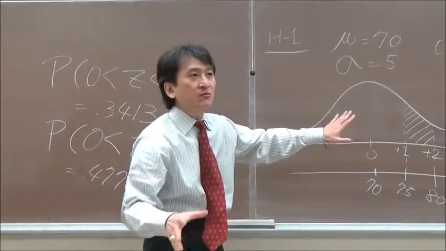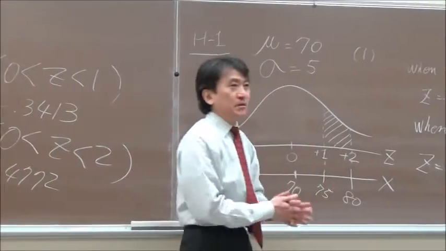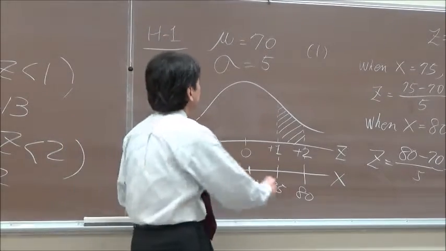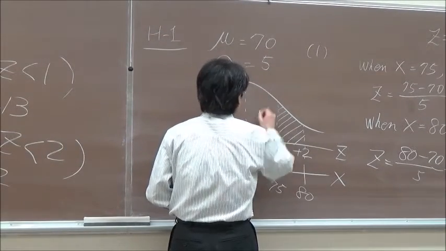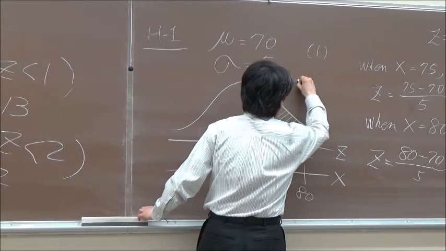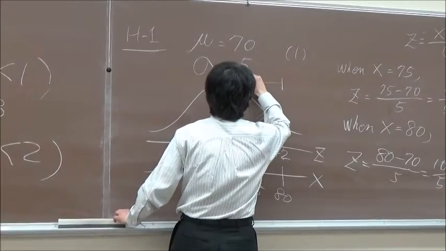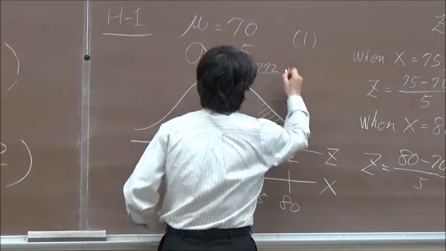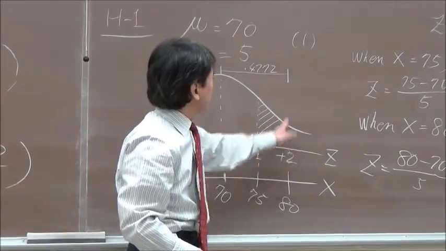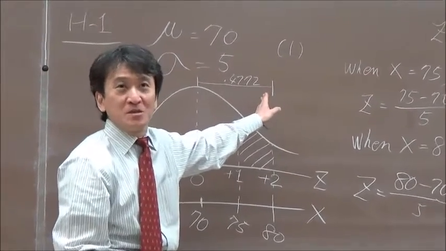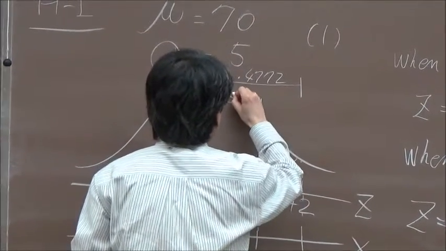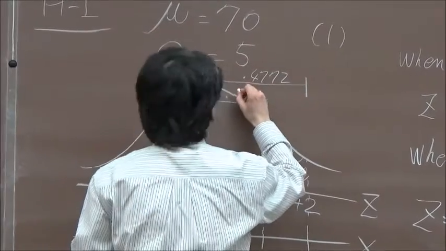Now it's time for us to look at this diagram. Am I correct? Okay, between 0 and 2, 0.4772. With me so far? And then between 0 and 1, this is 0.3413.